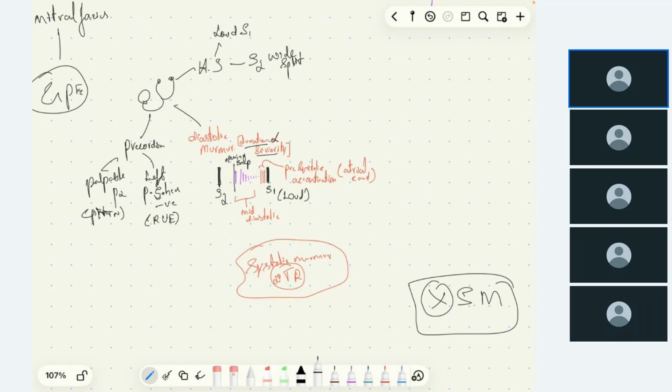After opening, the blood passes through the stenosed mitral valve, leading on to turbulence at the mitral valve, which gives mid diastolic murmur. And then at last, at the end of diastole, we know that there is atrial systole. This atrial systole causes pre-systolic accentuation of sound.